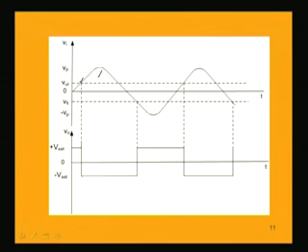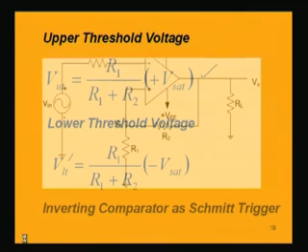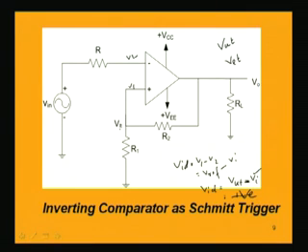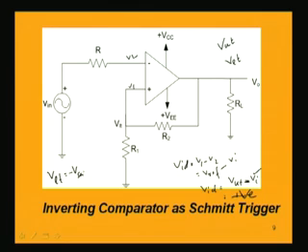Then, as soon as it becomes V sat minus, what will be the reference voltage here? It will be VLT. VLT is the lower threshold voltage. VLT is equal to minus V sat into R1 by R1 plus R2.